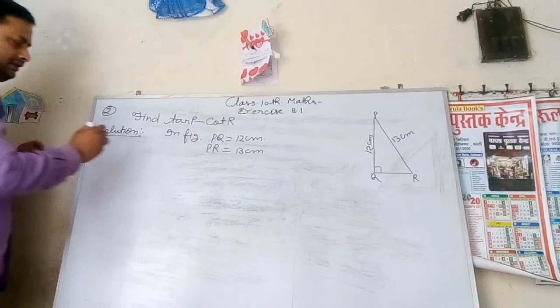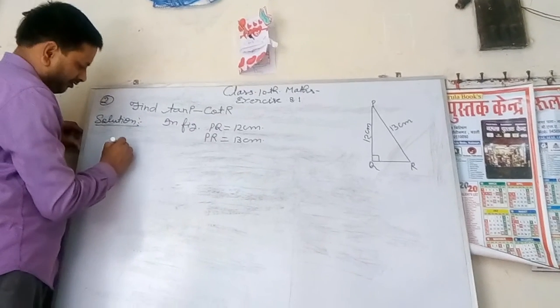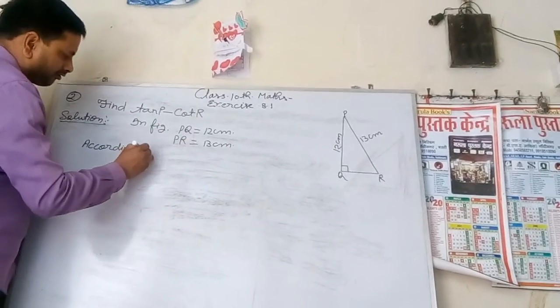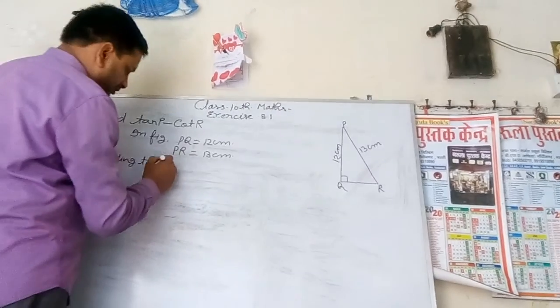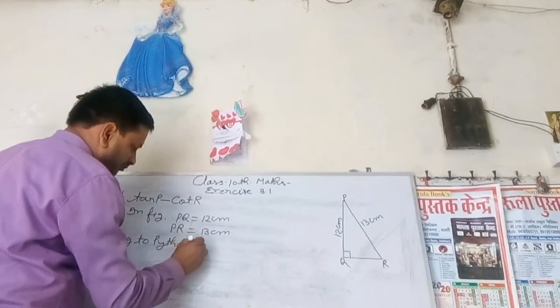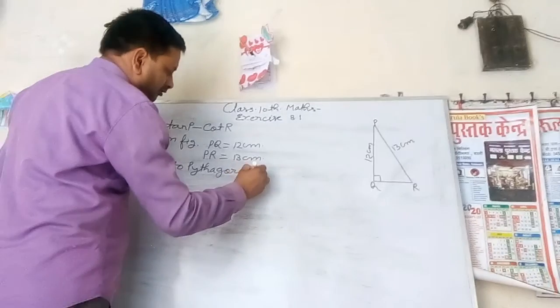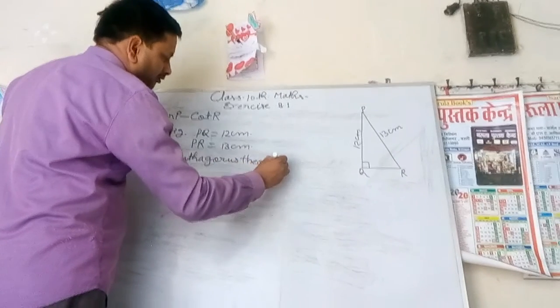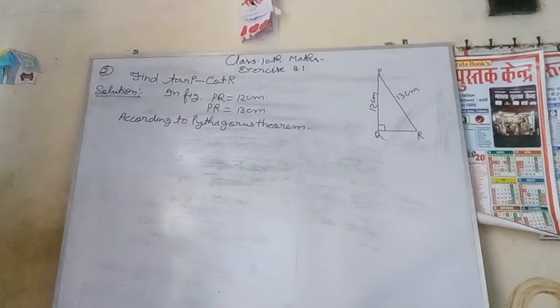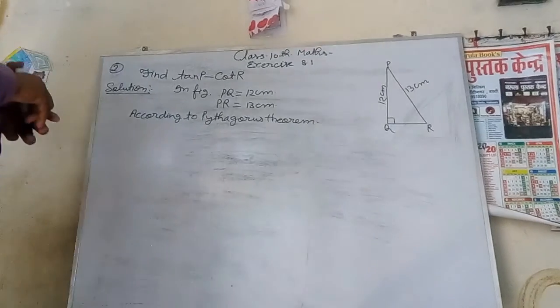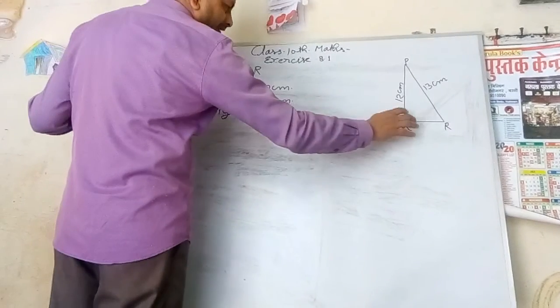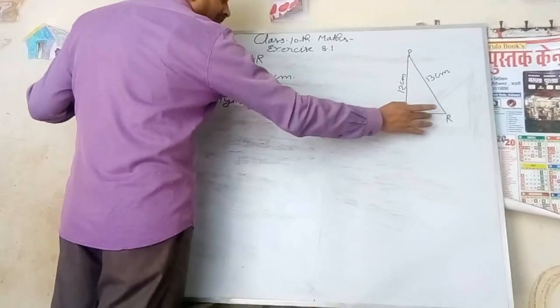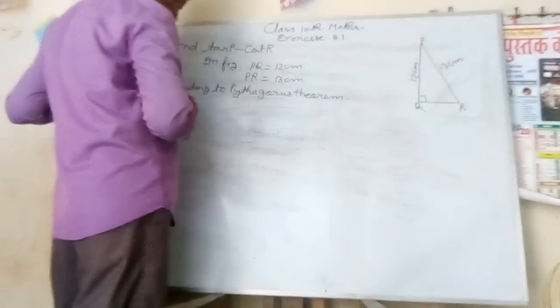So, according to Pythagoras theorem, QR is one of the sides forming the right angle.